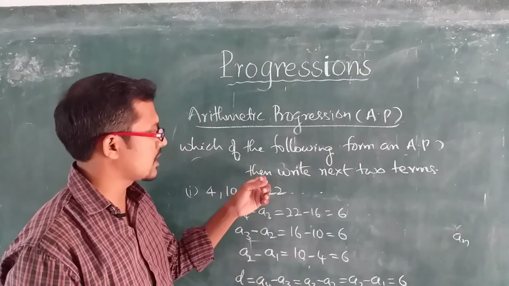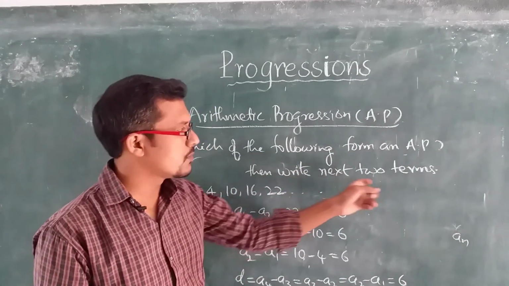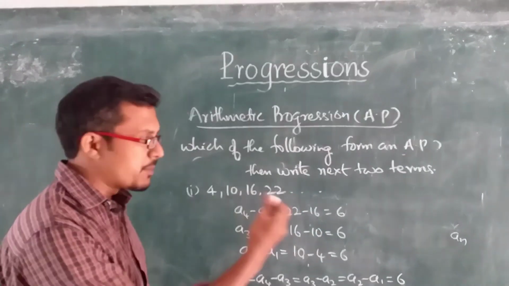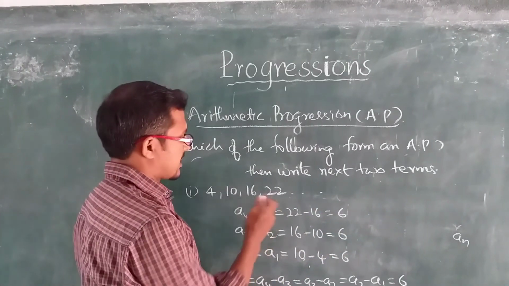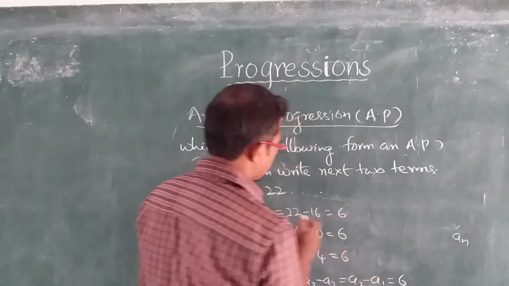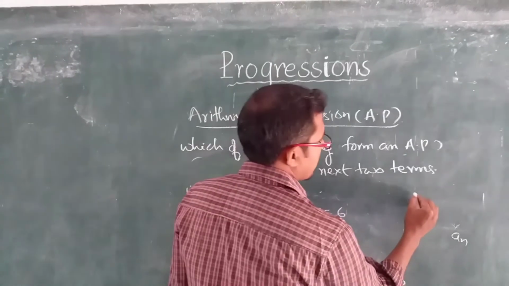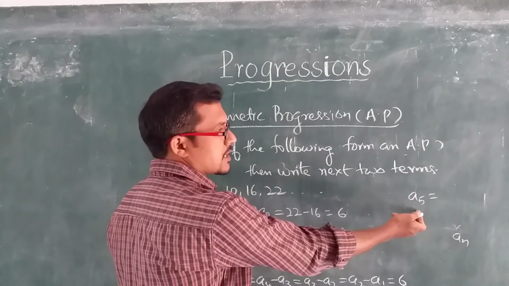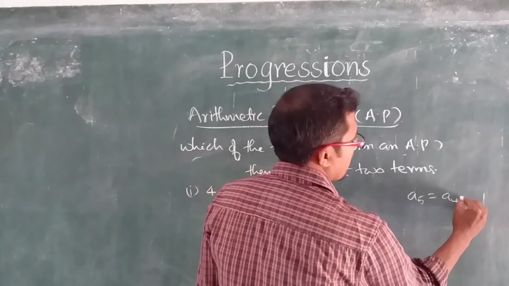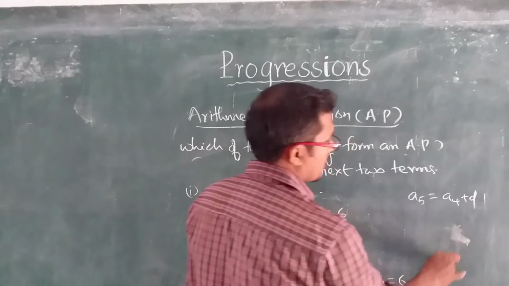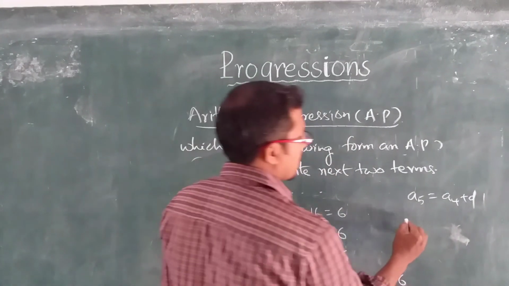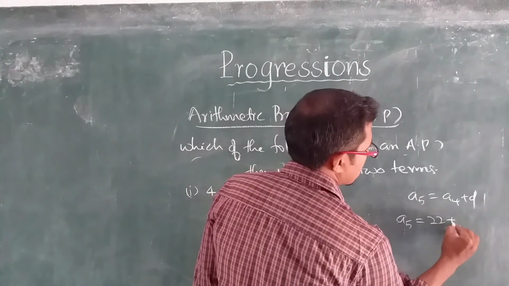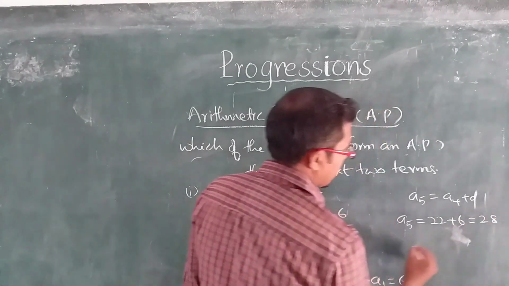And one more question asked here is to write two more terms. So how can we write two more terms? By adding the common difference to the last term. What is the last term here? 22. This is the fourth term, so how can we get the fifth term? A4 plus D. A5 is equal to A4 plus D, and A4 is 22. 22 plus 6 is 28.